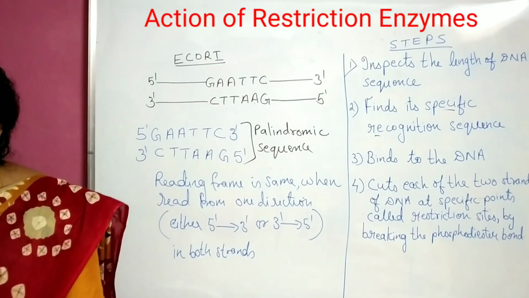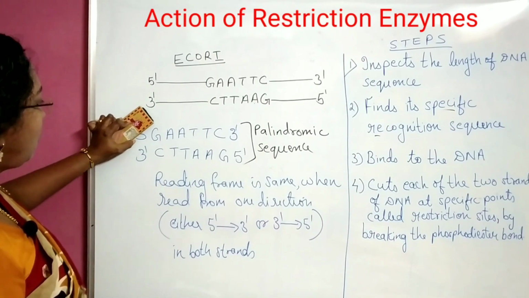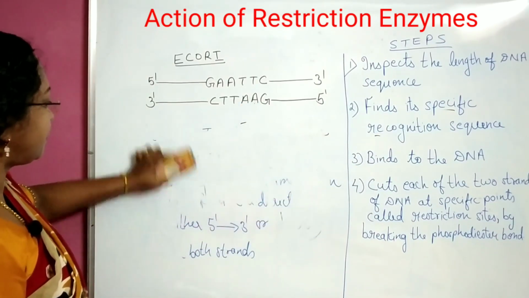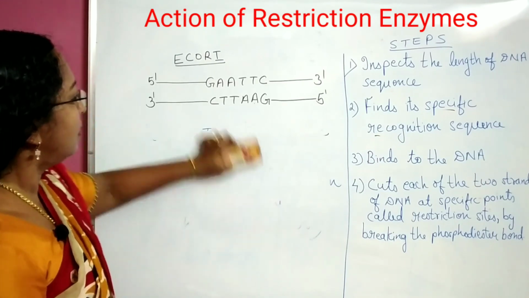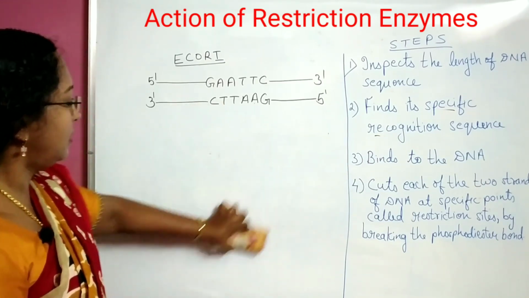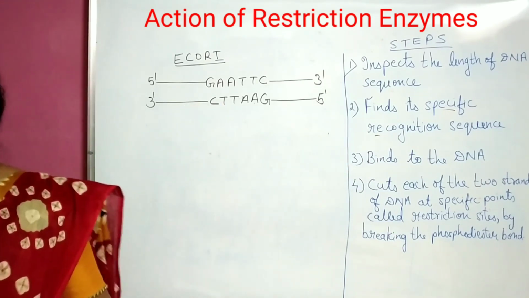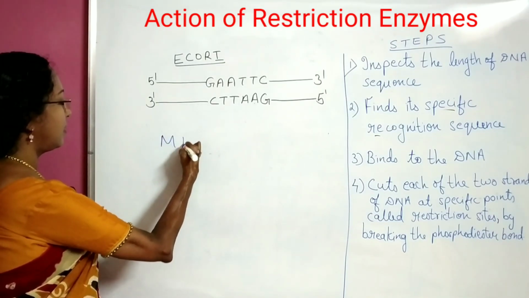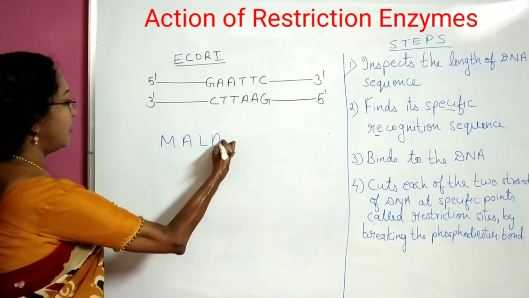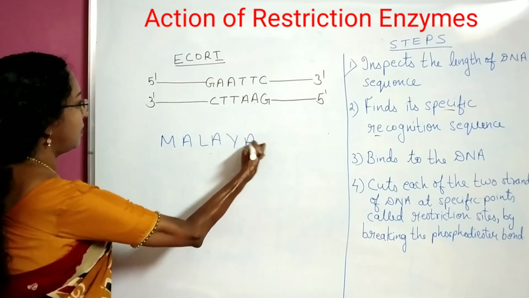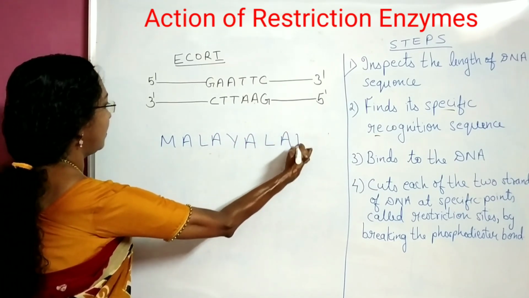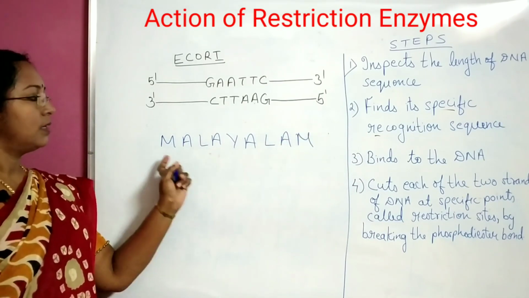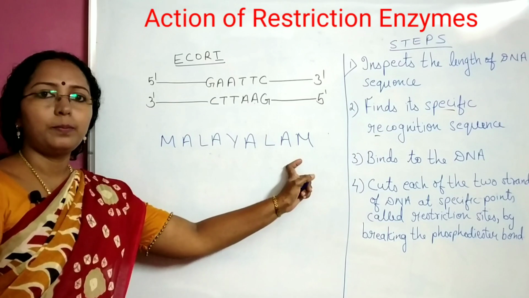Usually when a palindromic sequence is explained, we take the example of this particular word. I'll just write it here. What is this? Malayalam.